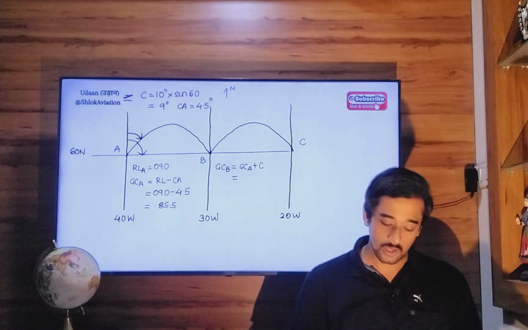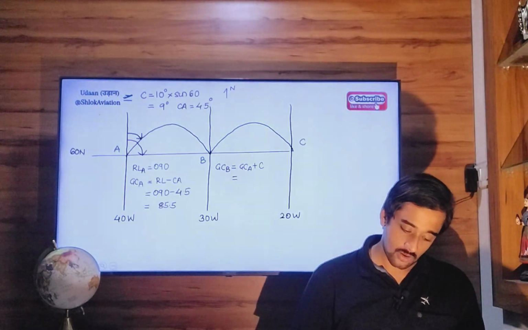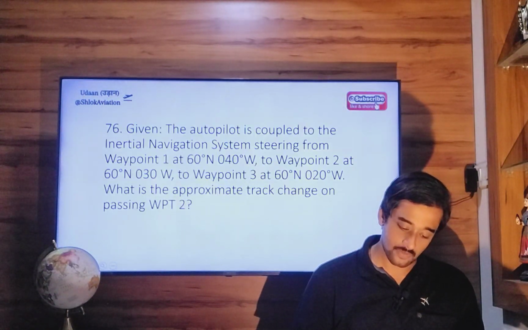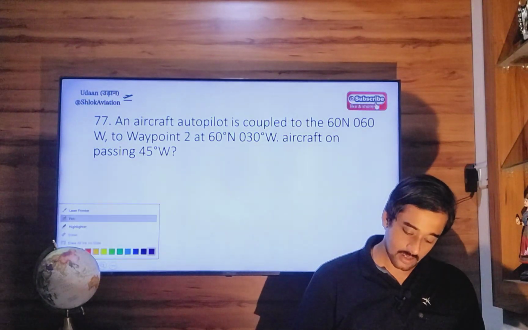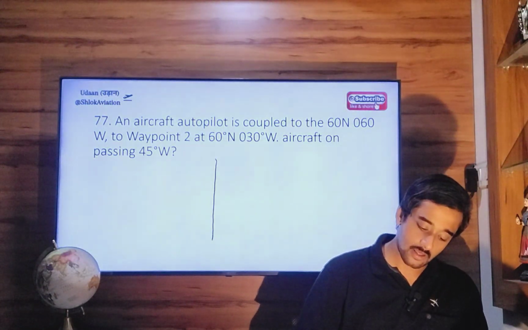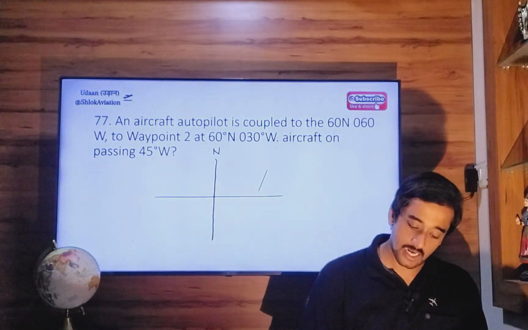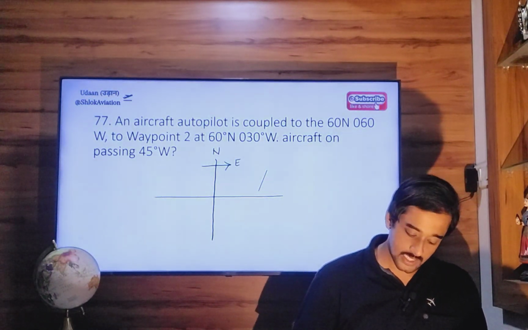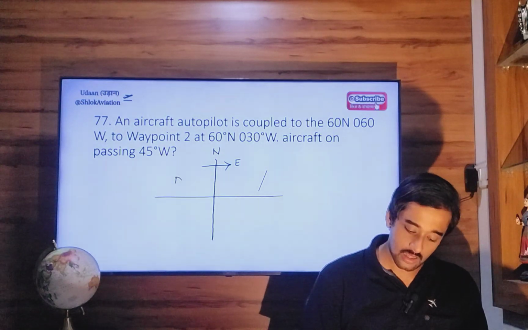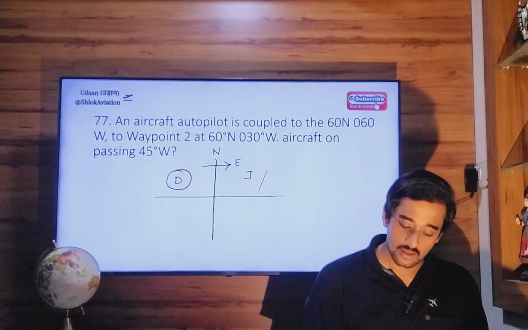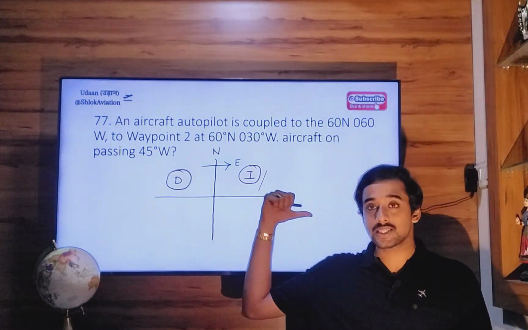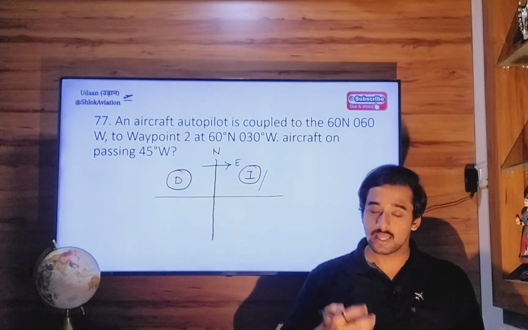Why? Follow the DIID diagram. What is the DIID diagram? It says that if you are in the northern hemisphere and you travel easterly, the great circle track will increase.